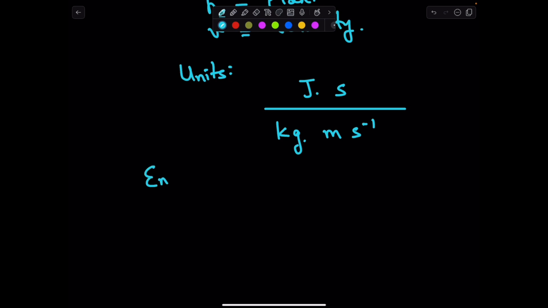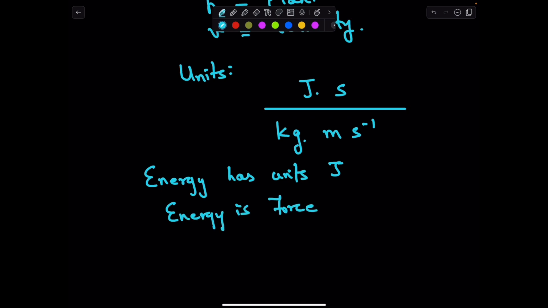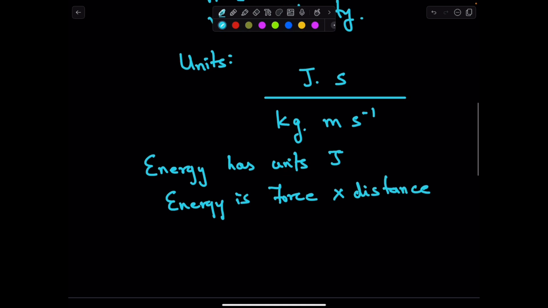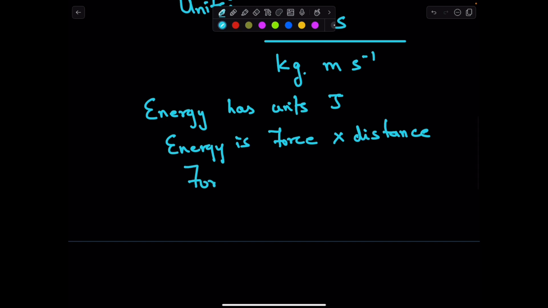Energy has units joules. Energy is force times distance. Force is mass times acceleration.